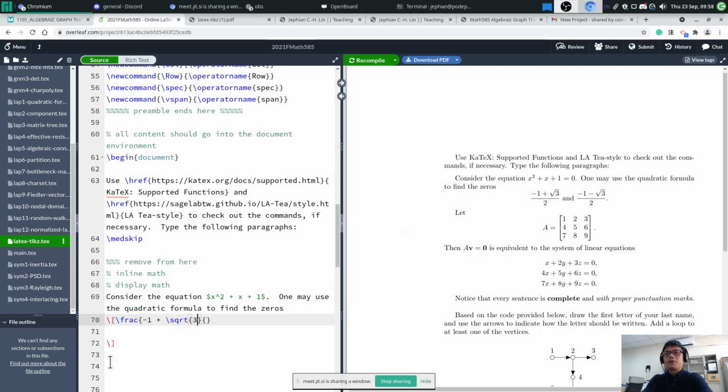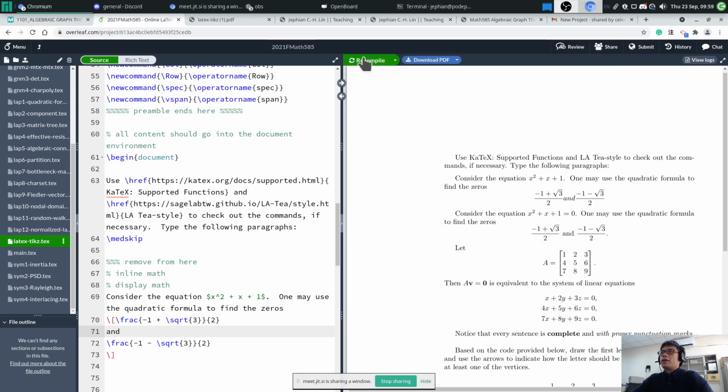So now you need to know what the square root of 3 is: backslash sqrt{3}, and then a 2. Now you know how to do the next one, which is just switching that to minus. There is an "and" in between. Okay, so let's try to do that.